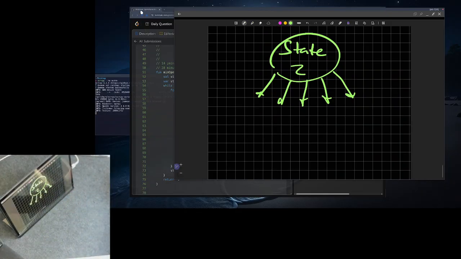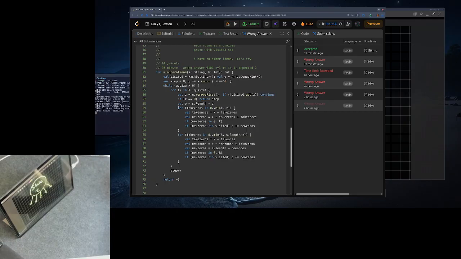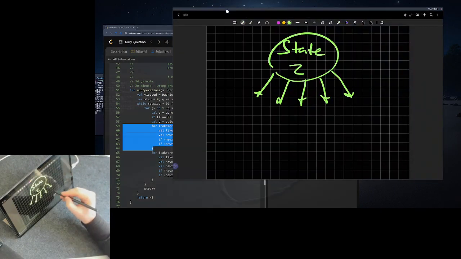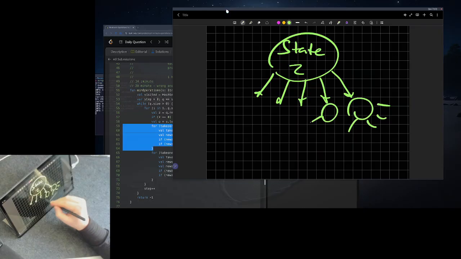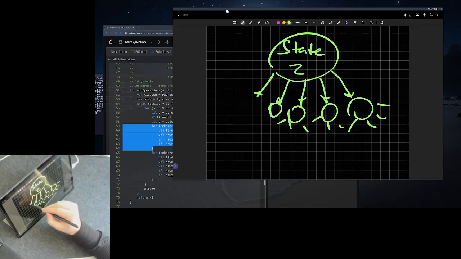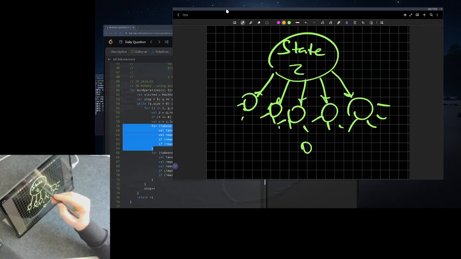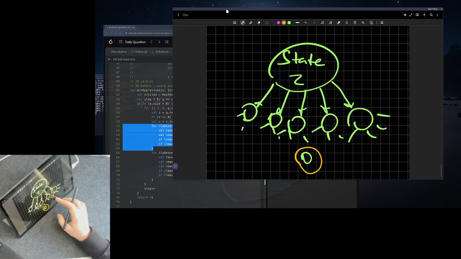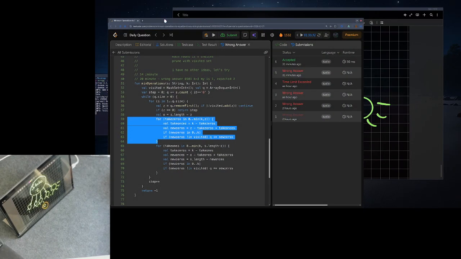And this was my intuition, and I wrote this kind of ugly code with duplicated for loops with almost the same logic. This is a breadth first search, and I tried to search in this graph of states if any can reach the 0 state, the final state. So this is the shortest path.